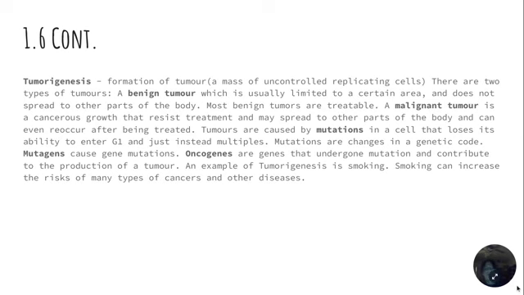And after genes in a cell have undergone a mutation, we get oncogenes, which also contribute to the production of a tumor. An example of tumorigenesis is smoking. Smoking can increase the risk of many different types of cancers and other diseases.